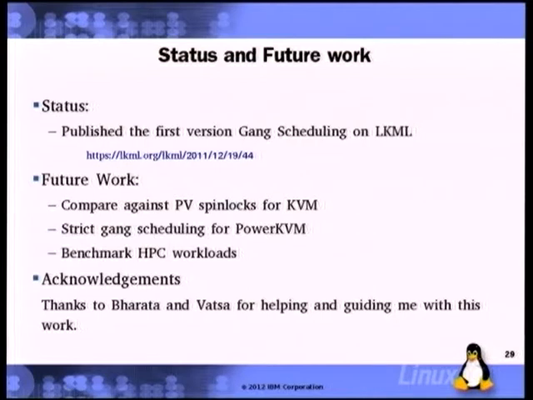So compare the numbers with that. The next one would be strict gang scheduling for Power KVM and HPC. HPC is the one thing where we want to see what difference gang scheduling will make.